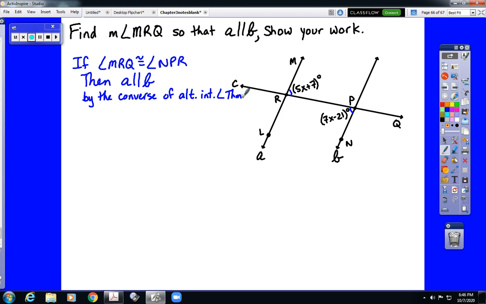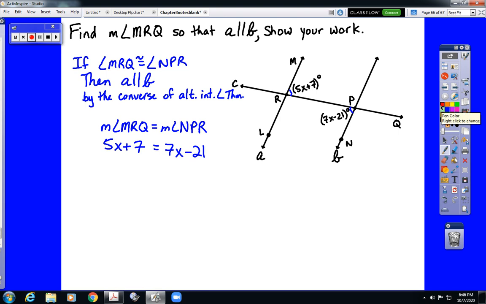So what that means is we have to make it so that those two angles are congruent. If those two angles are congruent, their measures would be equal. So we plug in 5x plus 7 for MRQ and 7x minus 21 for NPR, and we solve for x.